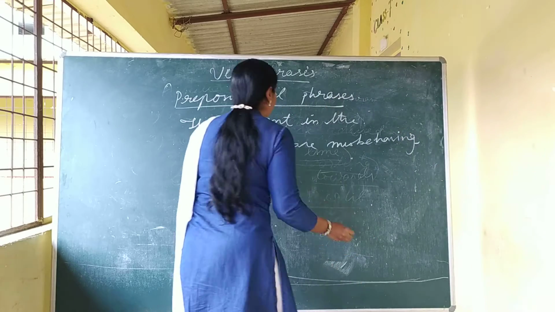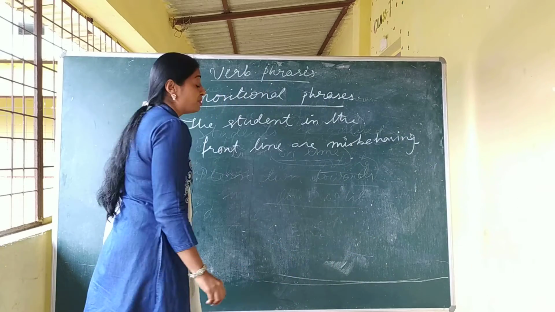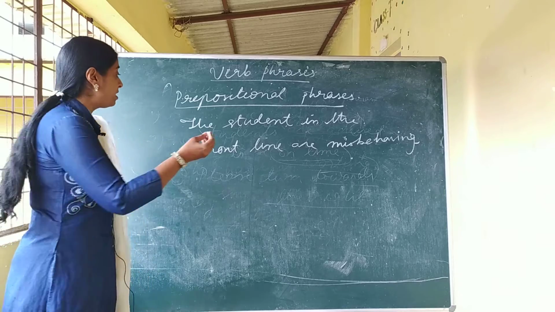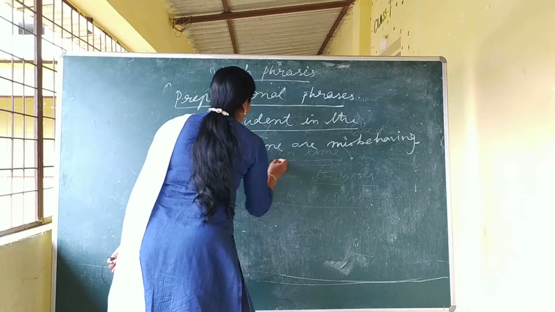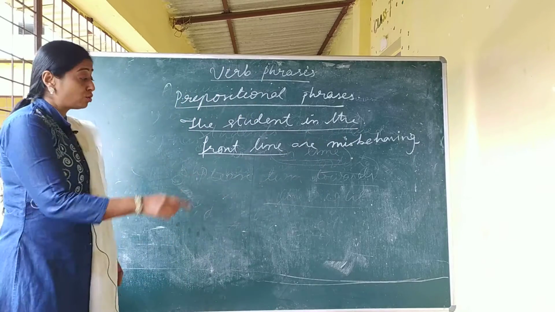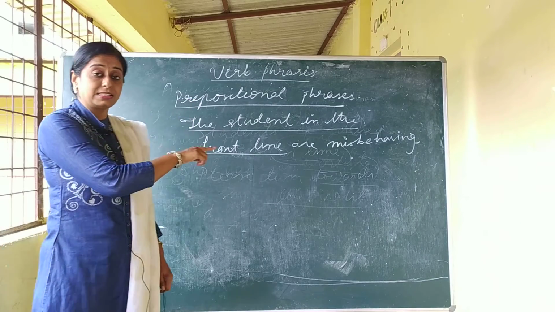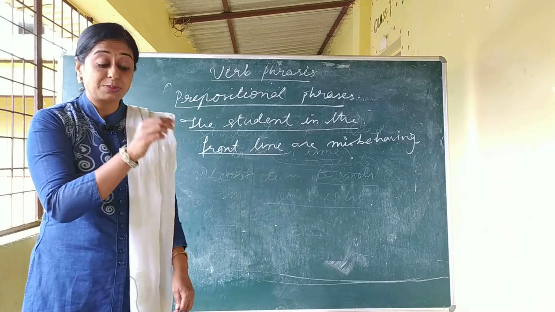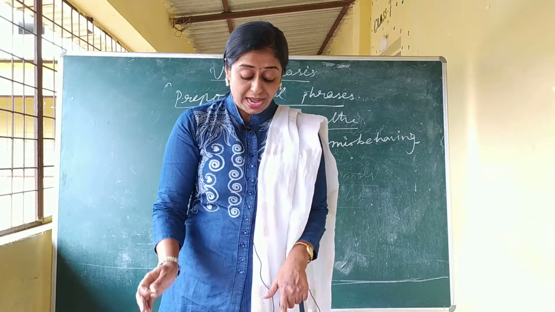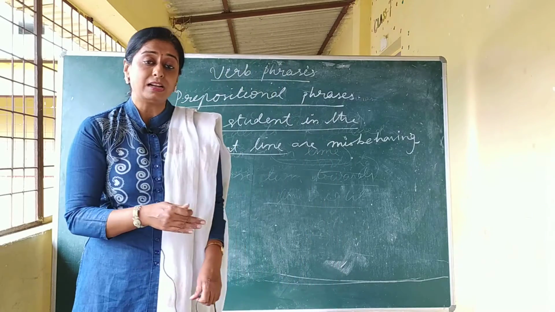Okay, the students in the front line are misbehaving. Which students are misbehaving? The students in the front line. Okay, so this whole clause is actually what? It is a prepositional phrase. Okay, so if you ask questions to the sentence, then you will get the answer.